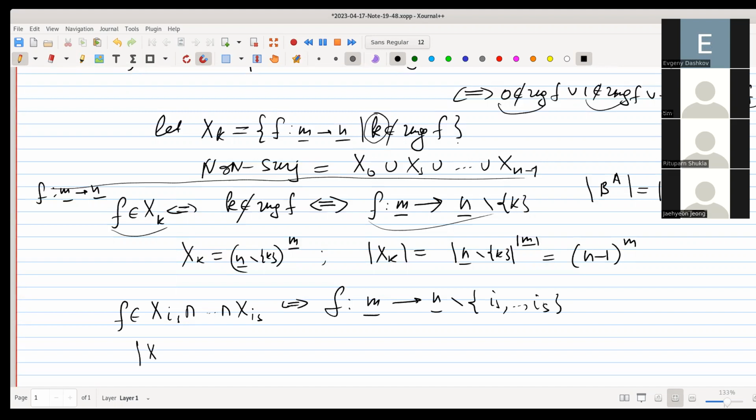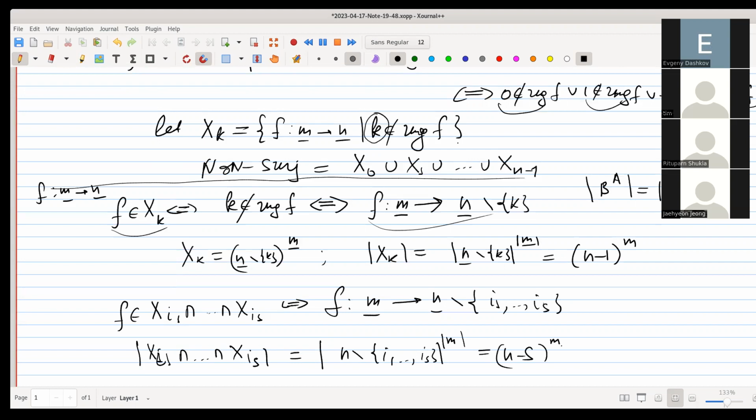So how many such functions do we have? n minus s to the power of m. Exactly. So it is n minus s to the power m.